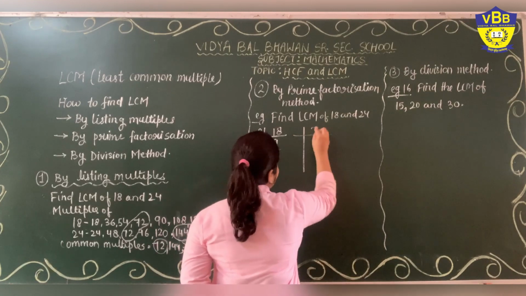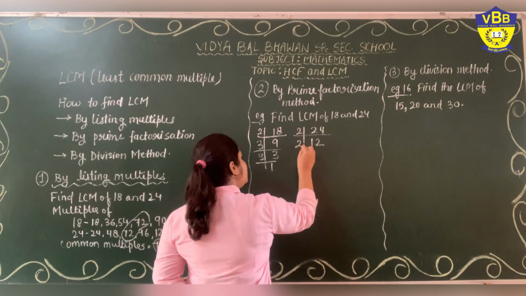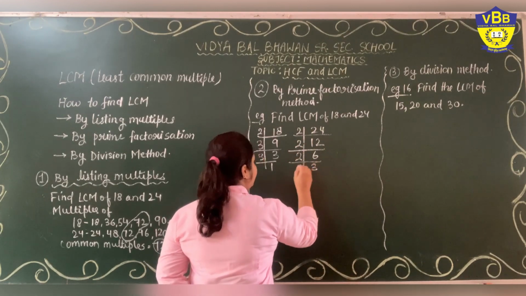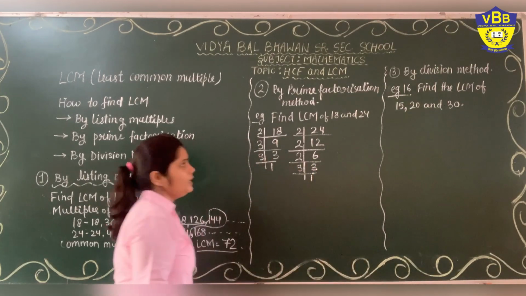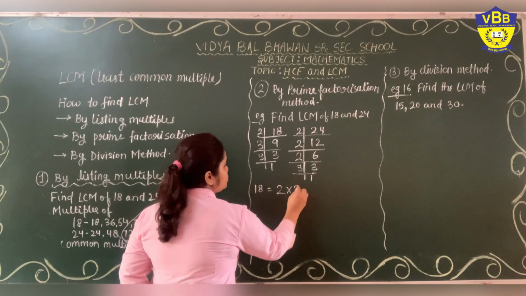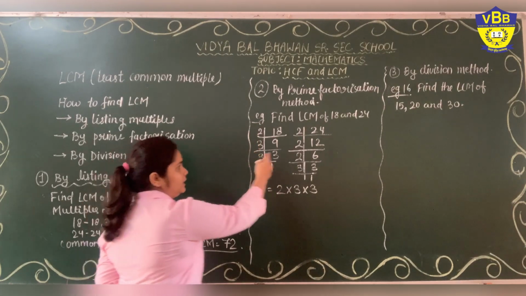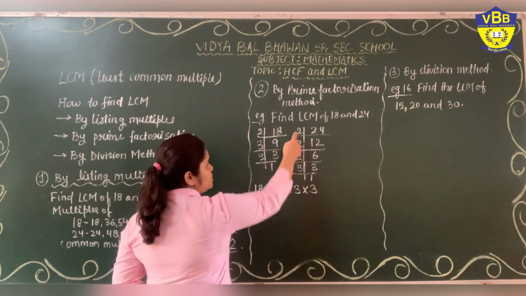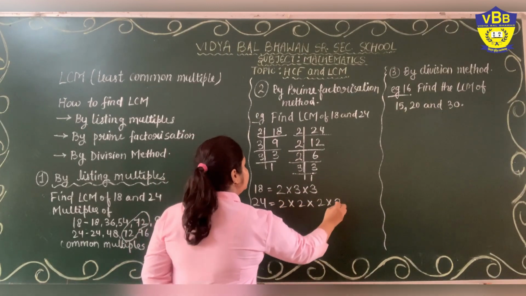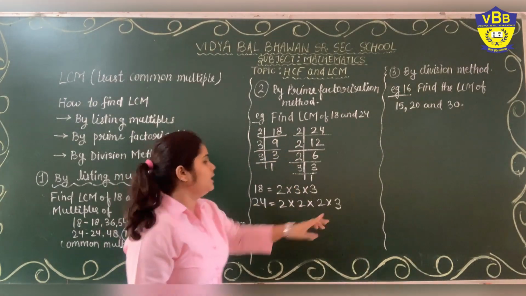After that, 24 is divisible by 2, 12 times, 12 is divisible by 2, 6 times, 6 is divisible by 2, 3 times, and 3 is divisible by 3, 1 time. Write the factors. 18 is equal to 2 multiply 3 multiply 3, and 24 is equal to 2 multiply 2 multiply 2 multiply 3.